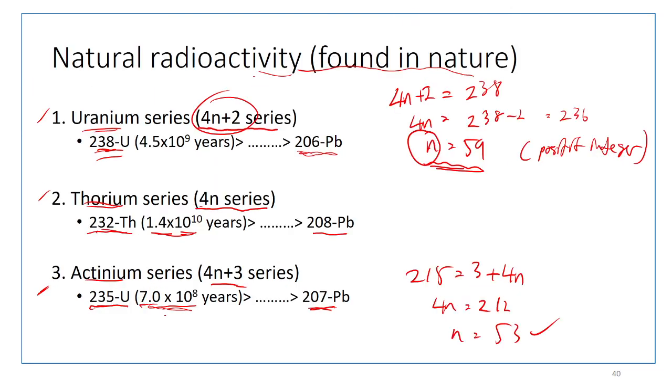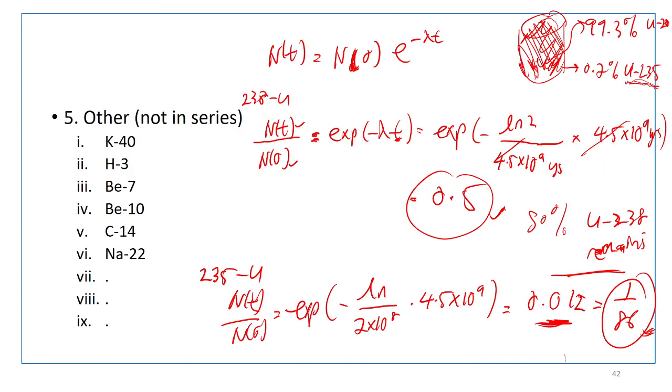Other than this long decay series of radionuclides, in nature you can find radionuclides which are not in a long series but are available in nature, such as potassium 40, hydrogen 3, which is tritium, beryllium 7, beryllium 10, carbon 14, as well as sodium 22, and so on.